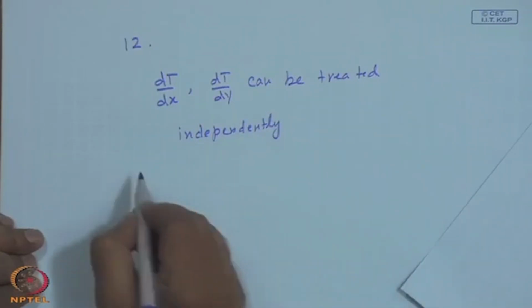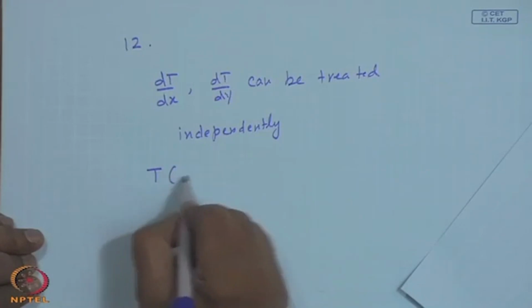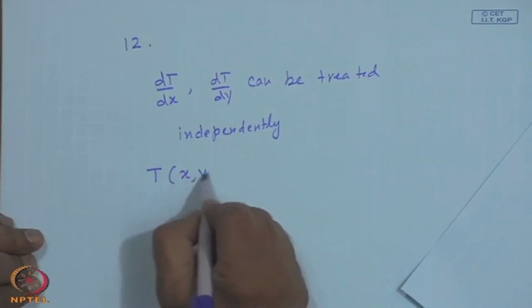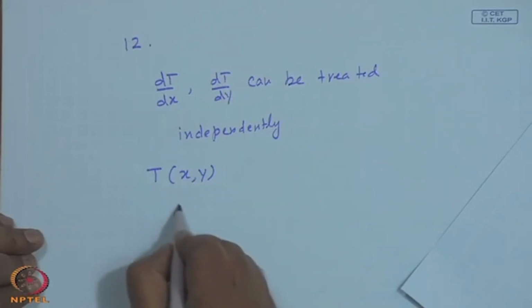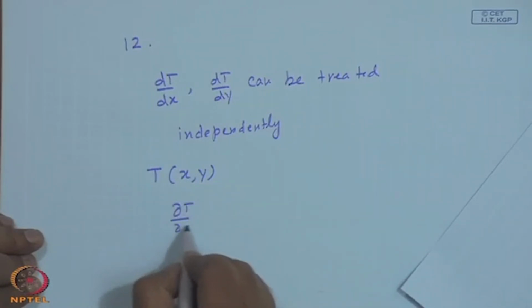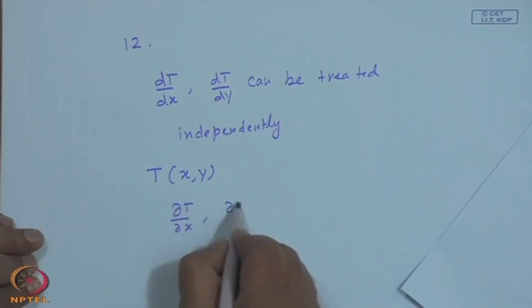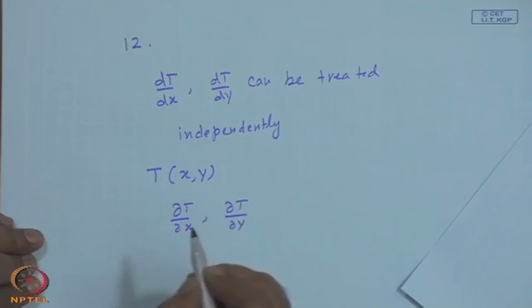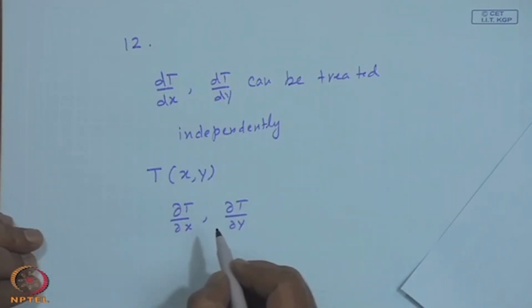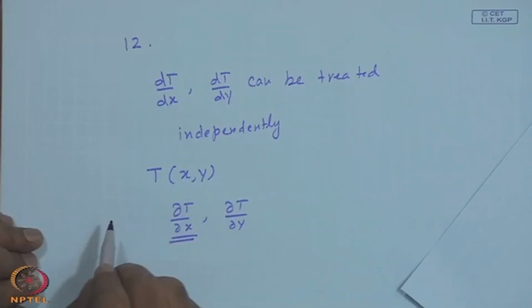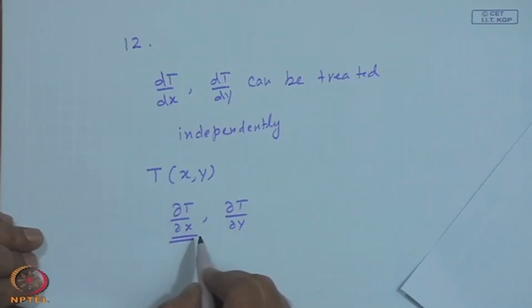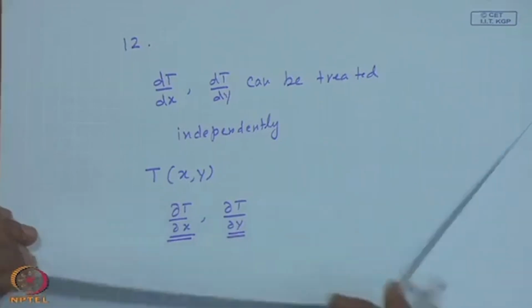If you remember, if we treat T as a function of x and y, I have a partial derivative of dT by dx and a partial derivative of dT by dy. Now, what we are suggesting is that the changes in the x direction be treated independent of the changes in the y direction.